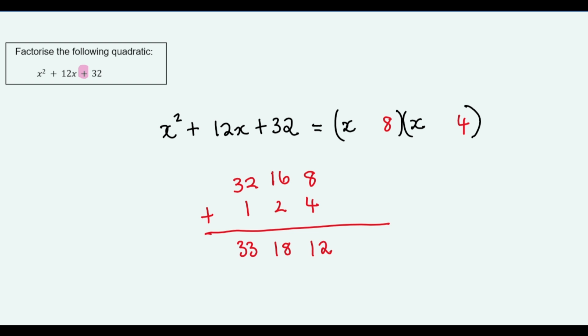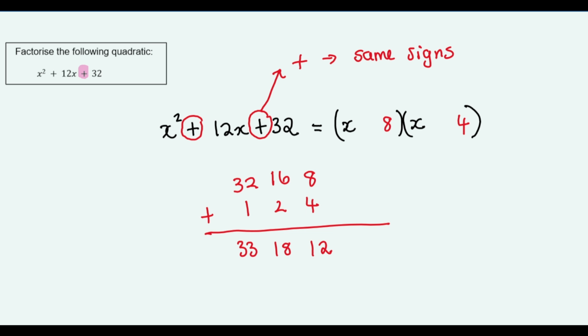Okay. Now what about the signs? So the way I do it is I look at the signs over here. If there's a plus over there, means you will have the same signs in your brackets over here, as in either plus plus or minus minus.